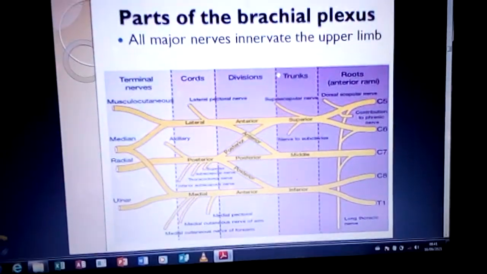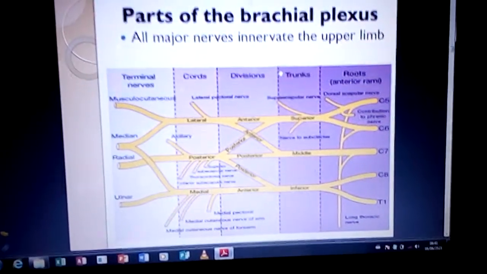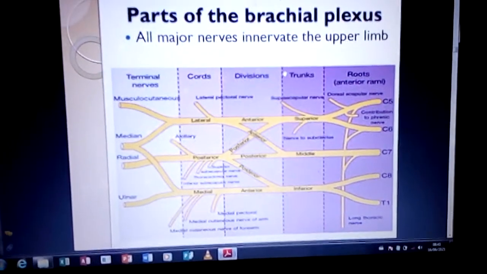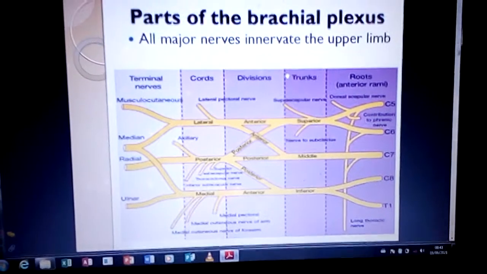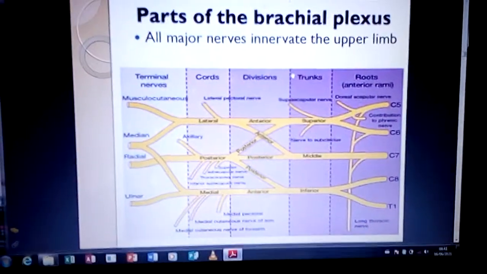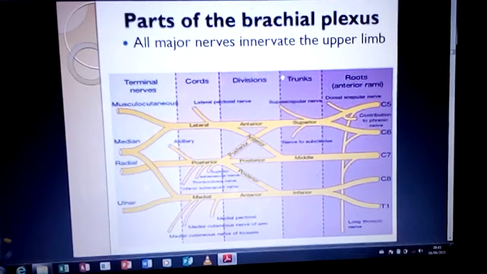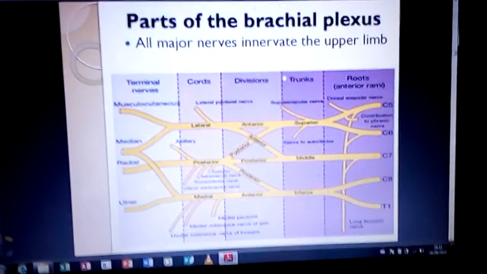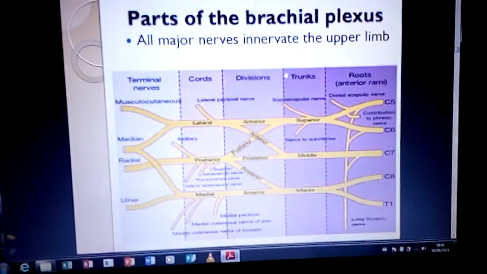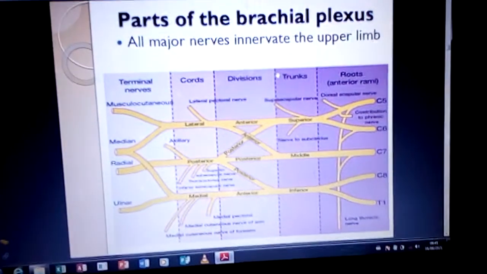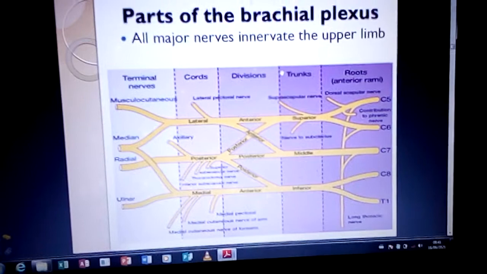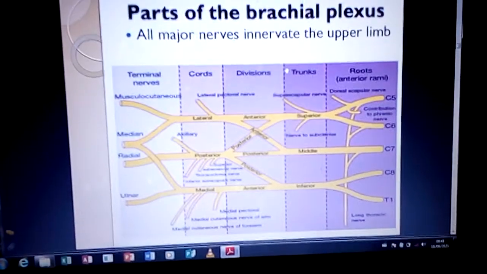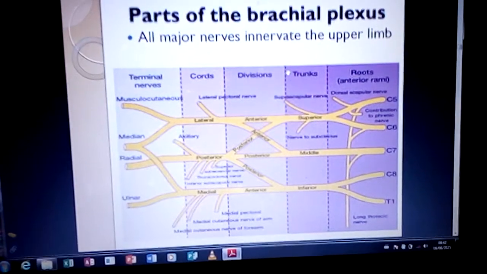These two roots further unite to form mixed nerves, which contain the sensory and the motor nerves. These mixed nerves immediately divide into two: the posterior ramus and the anterior ramus.